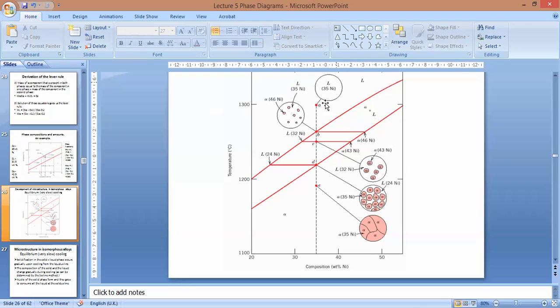This is a microstructure. B at this is a microstructure. Sometimes you'll be asked to find the composition of the solids and the liquids at these different points. That's where you're using the lever rule for the tie line there, drawing the tie line and calculating for the different compositions of the solids and the liquids.